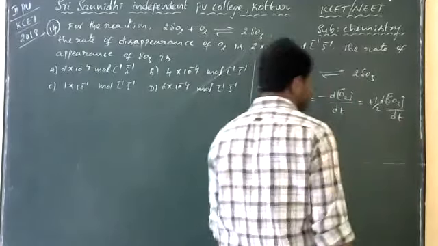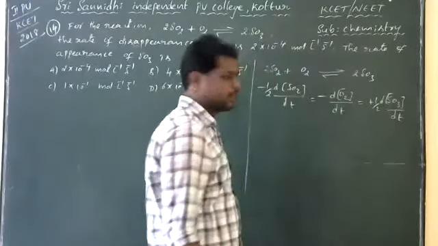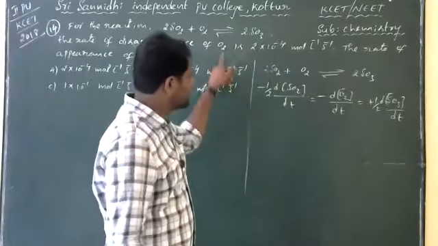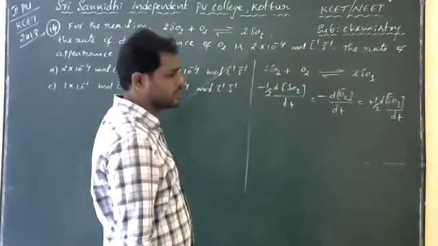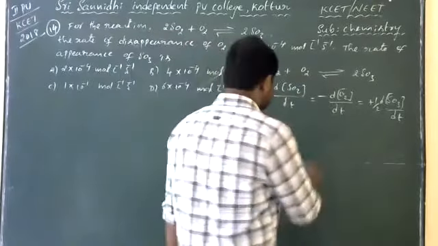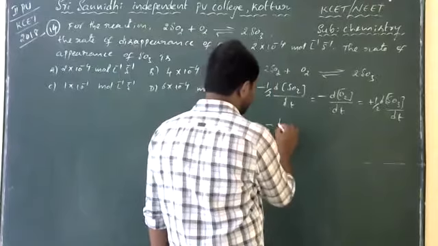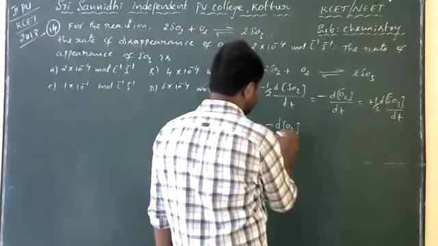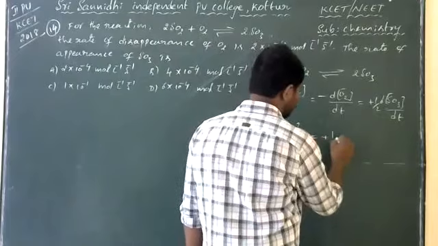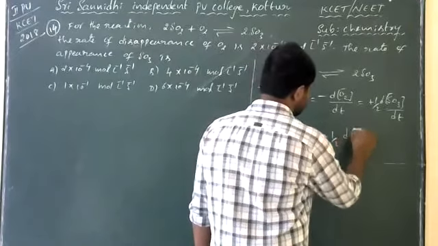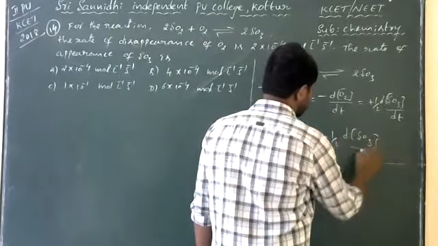And this is the actual rate, but the question is given with respect to oxygen and with respect to the rate of appearance of SO3. That means the relation is minus d[O2]/dt is equal to plus 1 by 2 d[SO3]/dt.